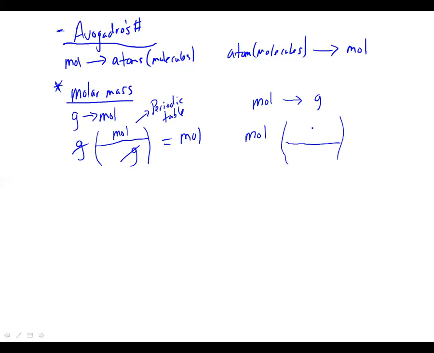The grams would go on top, the moles would go on the bottom, again, also from the periodic table. And again, our moles would cancel and we would be left with grams. So definitely, like I said, this one we use a ton throughout chemistry, that molar mass.